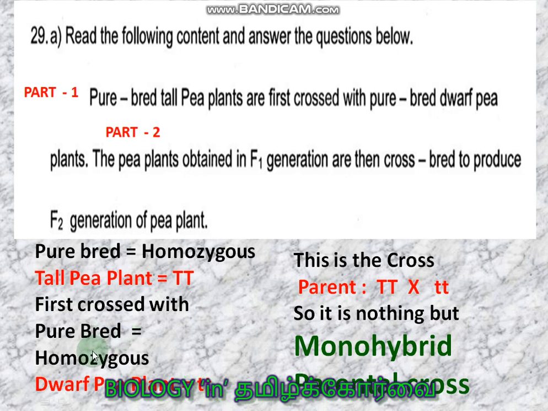So pure breed means we are creating homozygous, then the genotype becomes small t, small t. Now you cross it, so capital T, capital T crossed with small t, small t. So it is nothing but, actually you should understand now, monohybrid parental cross. This is what they are giving in this sentence, right? So once you come to this step, part 1 answer is over.